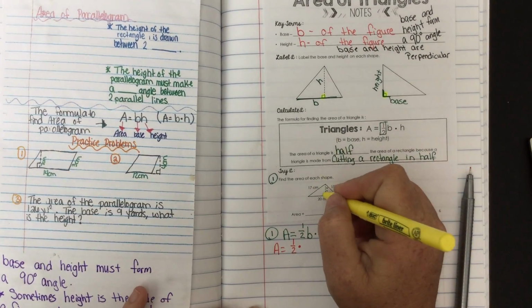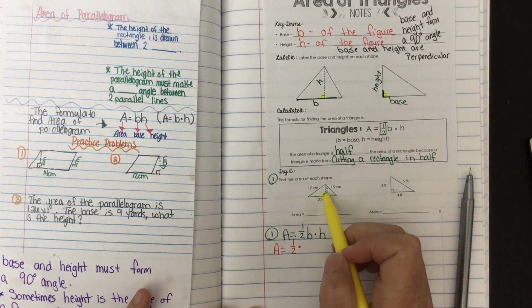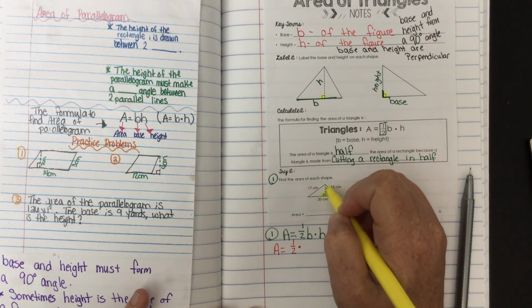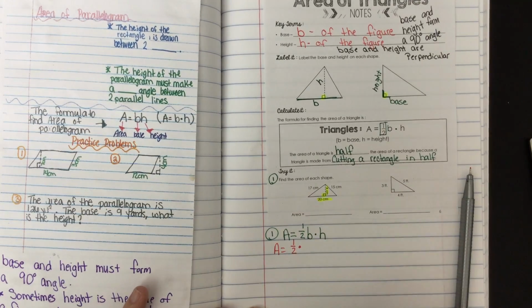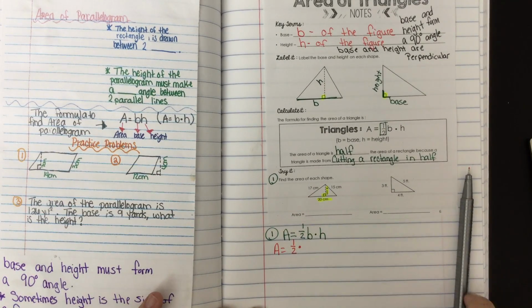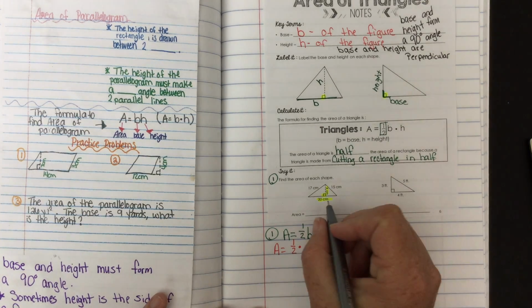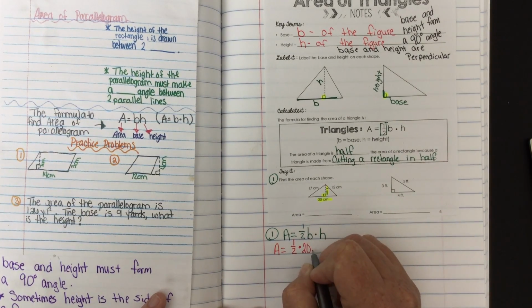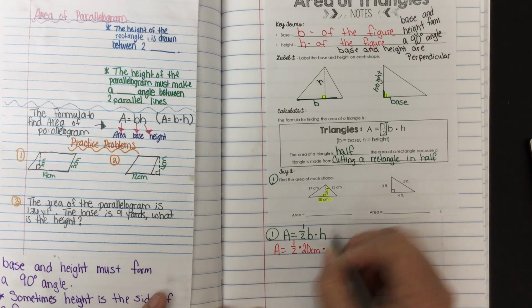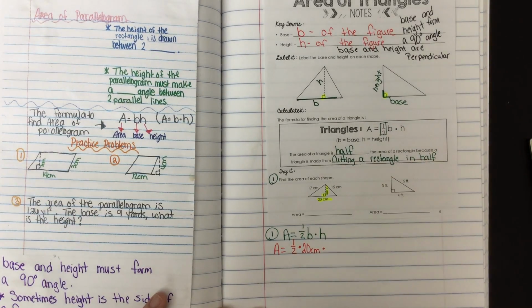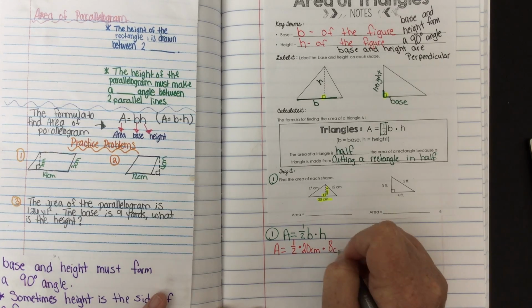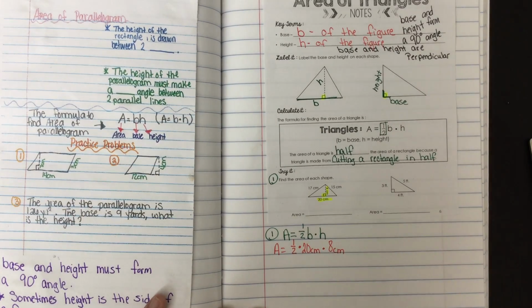My right angle. So here is my height. Here is my base. Would you agree? So my base is 20 centimeters. And my height is 8 centimeters. Does everybody agree?